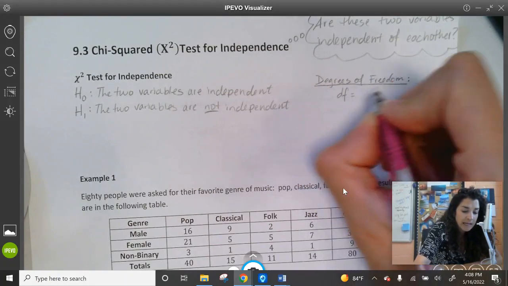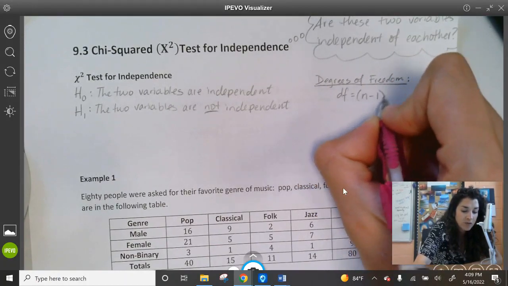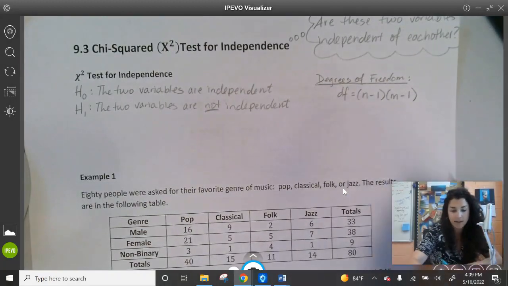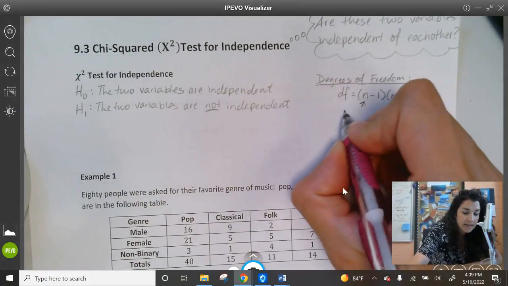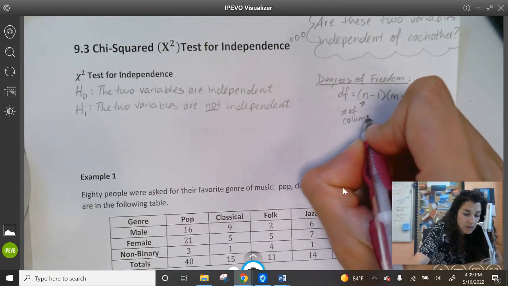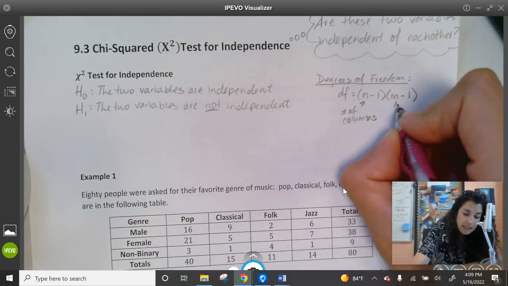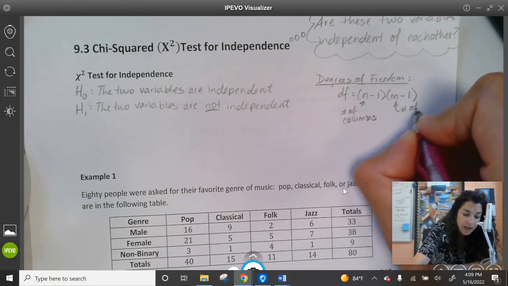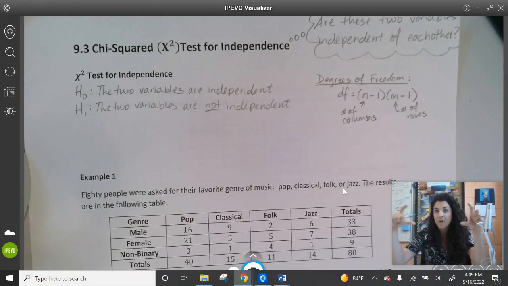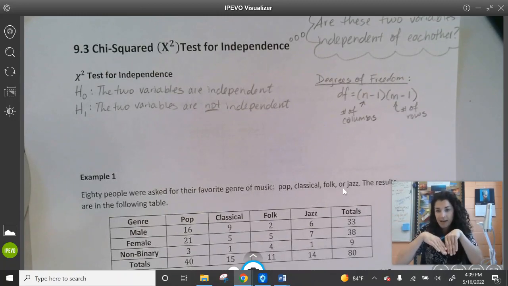Remember, degrees of freedom last time was n minus 1, and now we're just taking that and multiplying it by m minus 1, where n is the number of columns and m is the number of rows. So we're taking our two different amounts of options, subtracting one from each, and then multiplying them together.